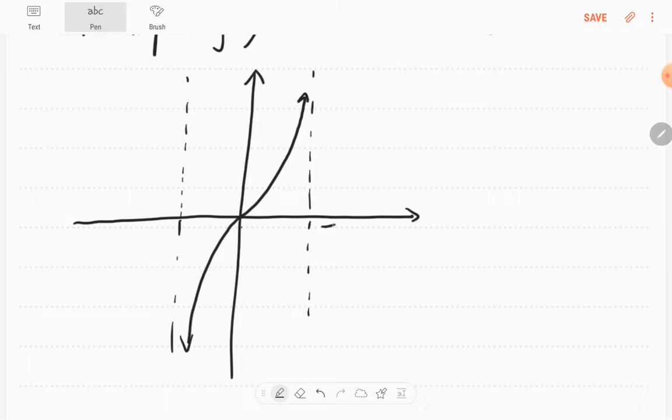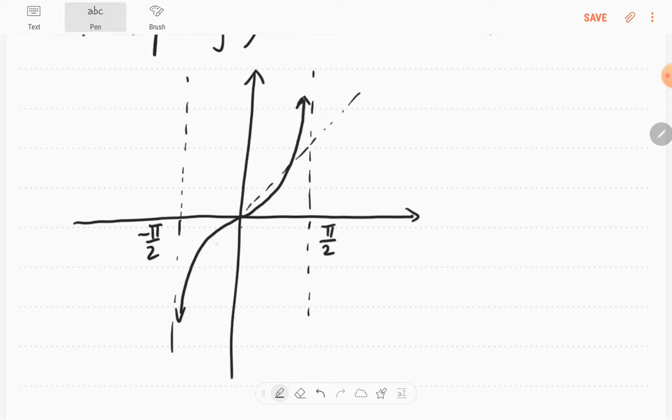This is pi over 2, and this is negative pi over 2. Then we have the line y equals x.